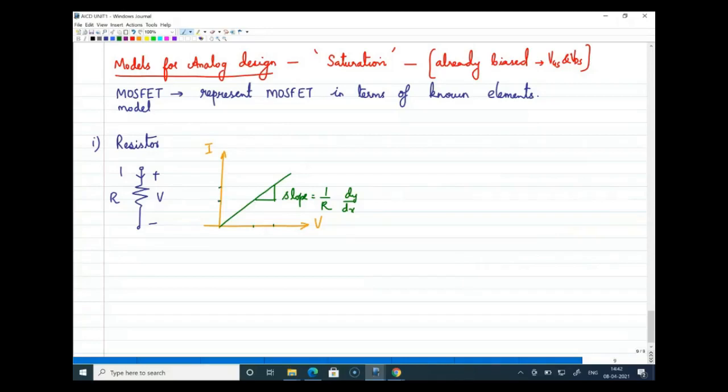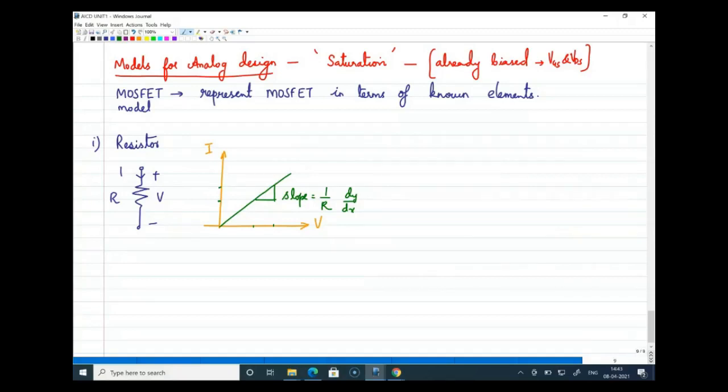The inverse of that is what we call the resistance value, right? So this is the IV characteristics of a resistor. So this is a known element. Known element means we really know the characteristics of a resistor.